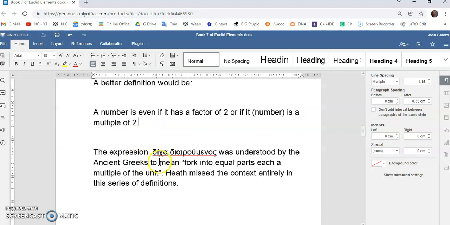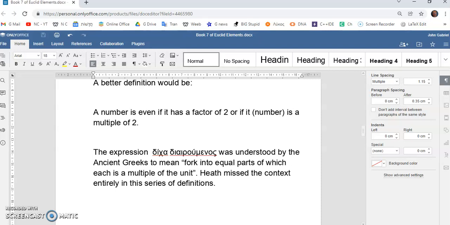It says the expression díχα διαιρούμενος was understood by the ancient Greeks to mean fork into equal parts, of which each is a multiple of the unit, okay? That would be more accurate there, to say of which each is a multiple of the unit.